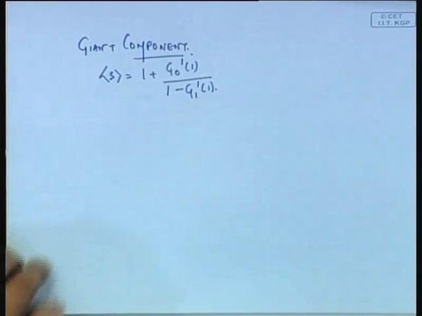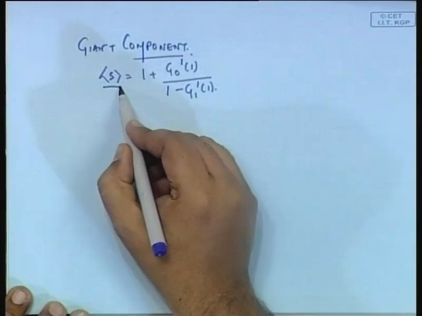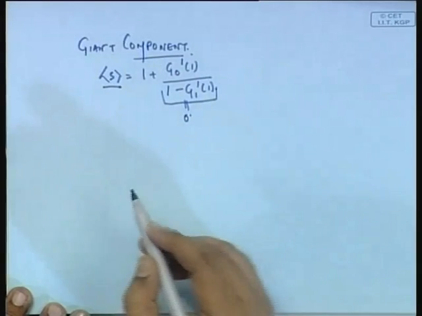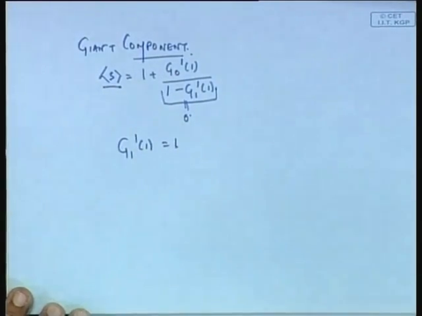When does the giant component arise? When this becomes infinite, and it can become infinite when this part is 0. So, we know the giant component condition is Z1 dash 1 is equal to 1.